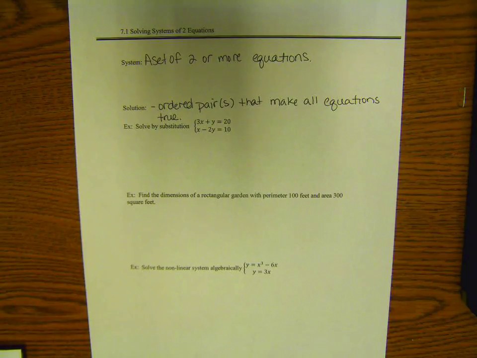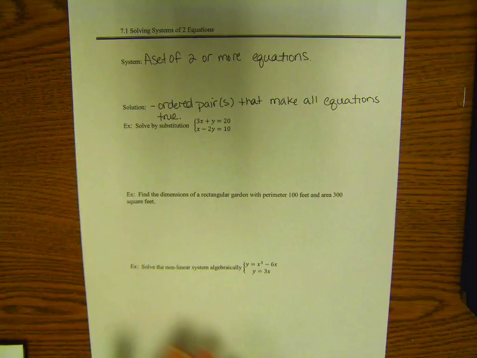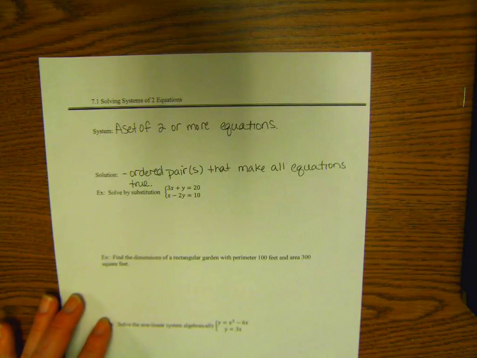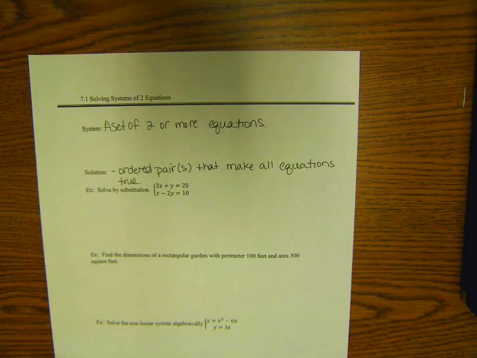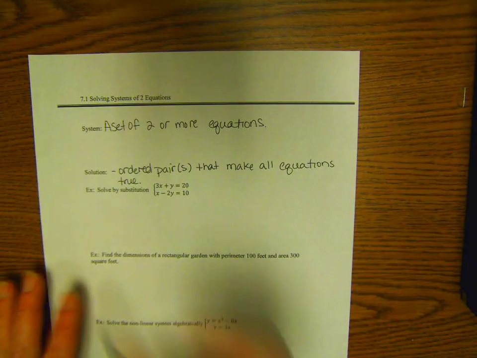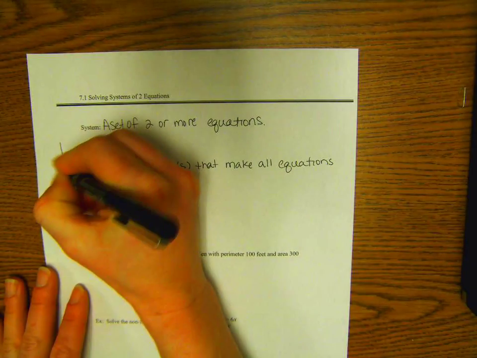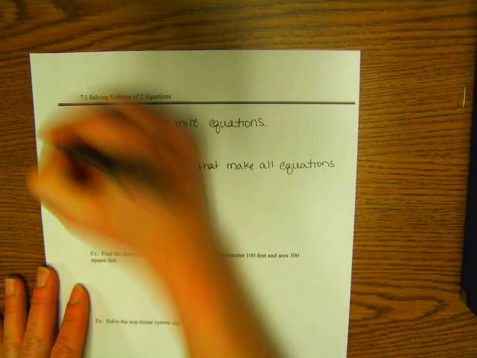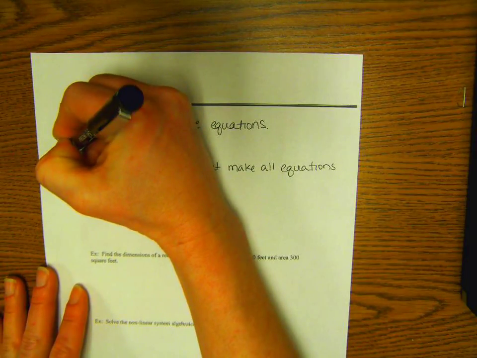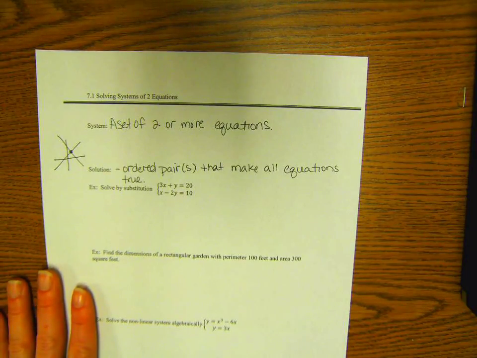Let's review. If we have two lines, a linear system, what could happen? One thing that could happen is that they intersect. Then that would have one solution. It is an ordered pair, so it's two numbers.